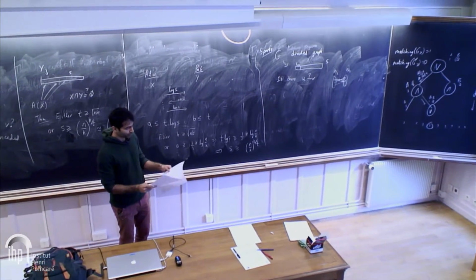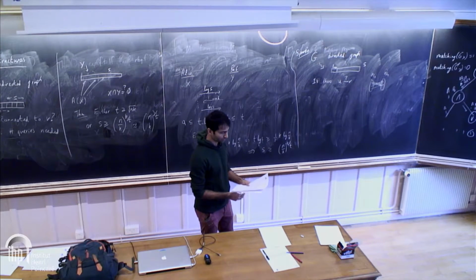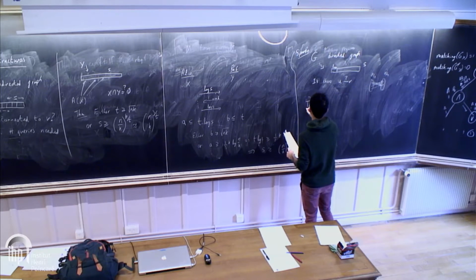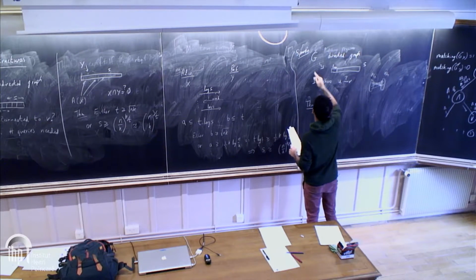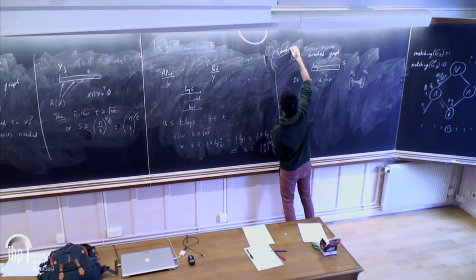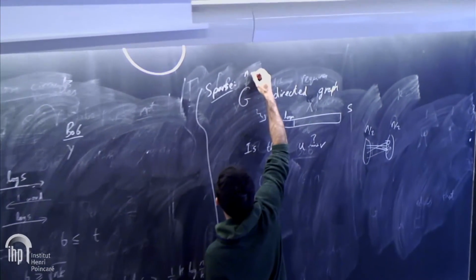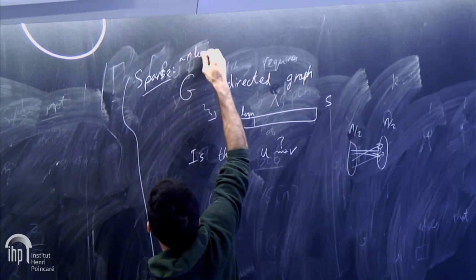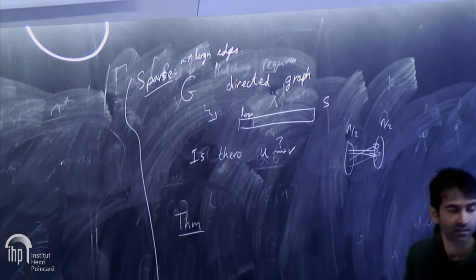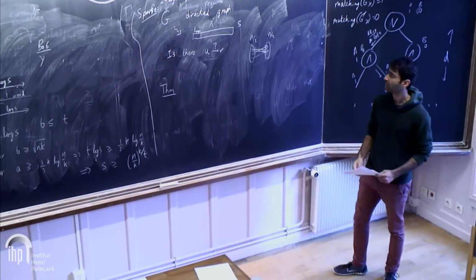So the theorem I'm going to prove is due to Patrascu. For the purpose of this theorem, what sparse is going to mean is that there are only roughly n log n edges. So every vertex on average will have only log n neighbors.